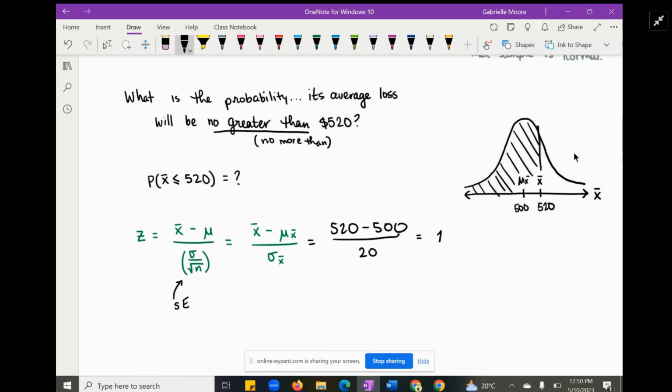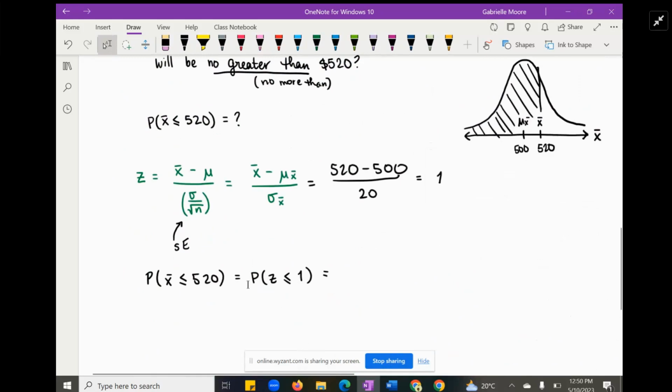And what's really nice is it's just 1, okay? Really easy stuff there. All right, so now we're going to write, again, the probability statement, which is the probability of X bar less than $520, which is the same as saying the probability of Z less than 1, right?